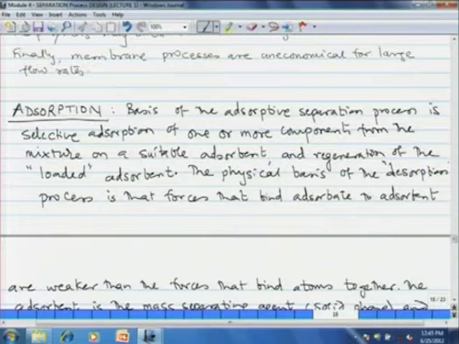For example, air splitting. Pressure swing adsorption, PSA, is one of the very popular processes used in process industry. In pressure swing adsorption, you use zeolites with very controlled pore size, and then air separation is achieved.